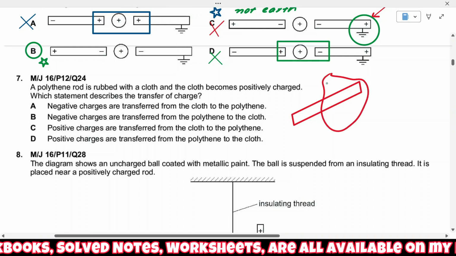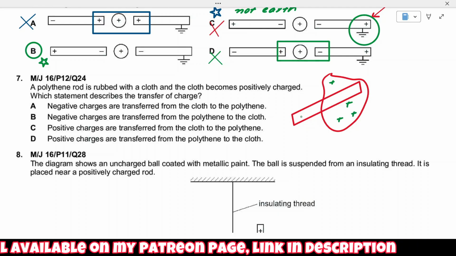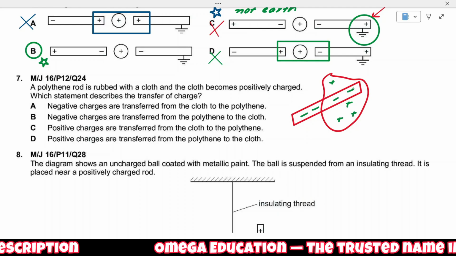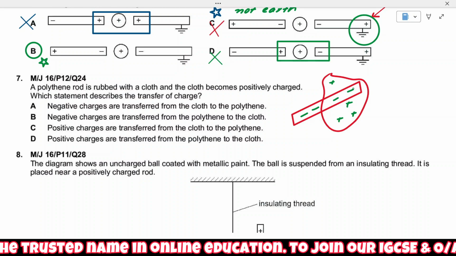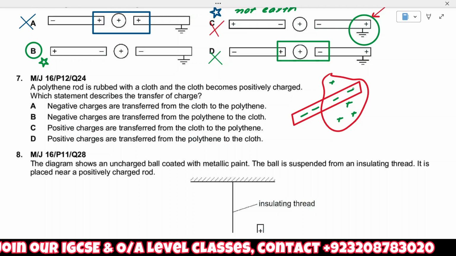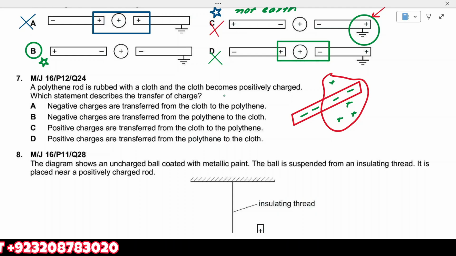So the cloth becomes positively charged, which means the rod is now negatively charged, which then means electrons from the cloth were loosely bound and they flow from the cloth to the rod, hence the cloth has become positively charged.